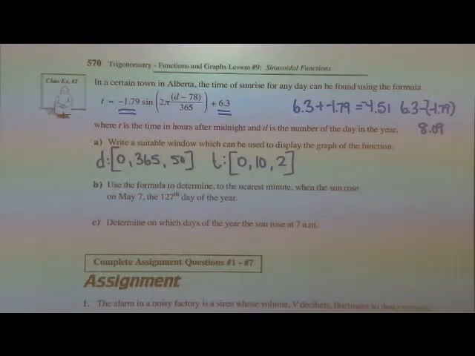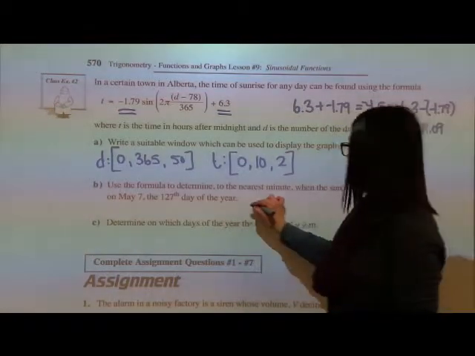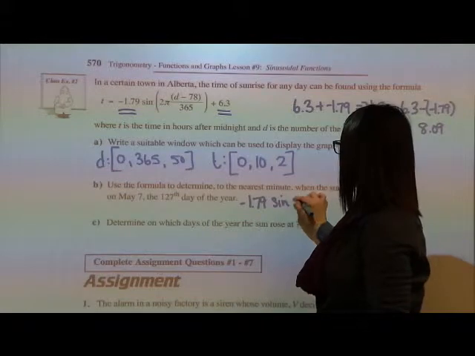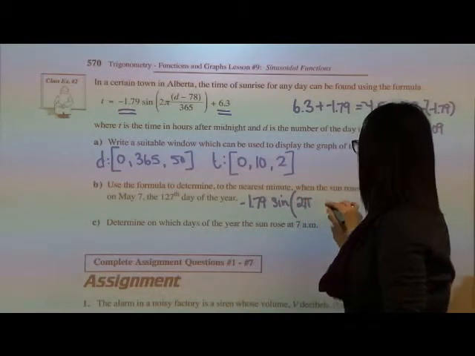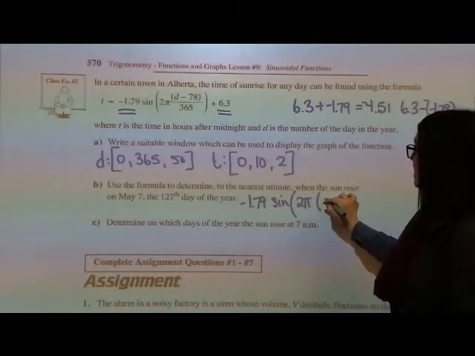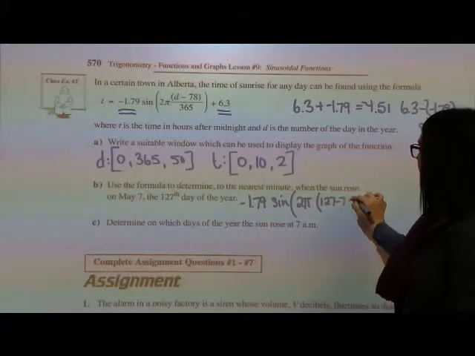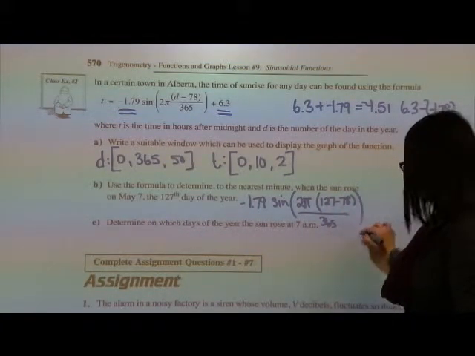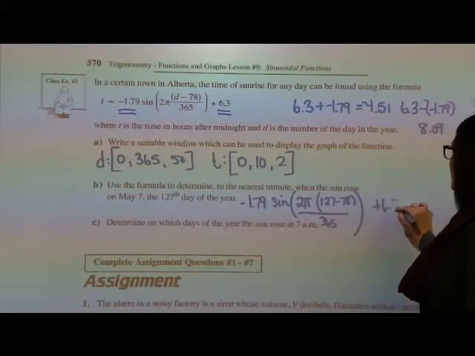Question B says, use the formula to determine to the nearest minute when the sun rose on May 7th, which is the 127th day of the year. So it would be negative 1.79 sine bracket 2 pi bracket 127 minus 78 divided by 365, and then another bracket plus 6.3.